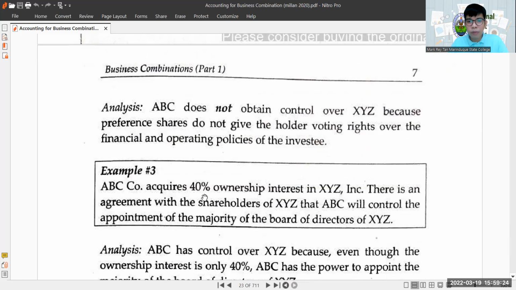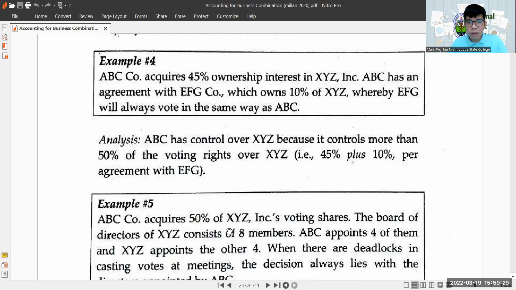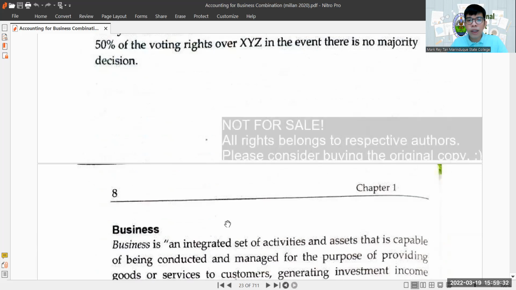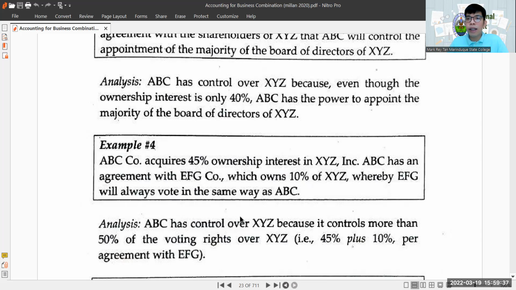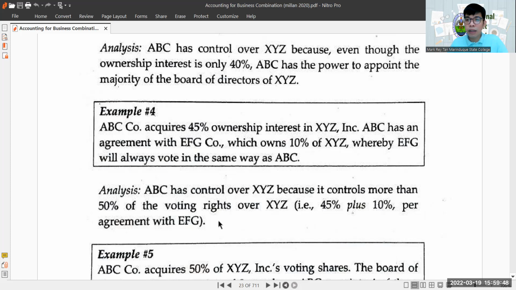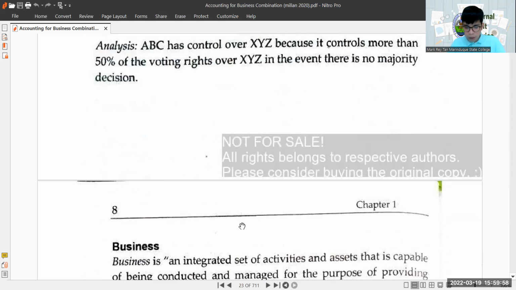So dito sa example number 3, tsaka sa example number 4, and even example number 5, ito yung mga examples ng sinasabi natin na kahit less than 51% ang kanyang ownership, pero through an agreement, as if tumataas yung control percentage niya.